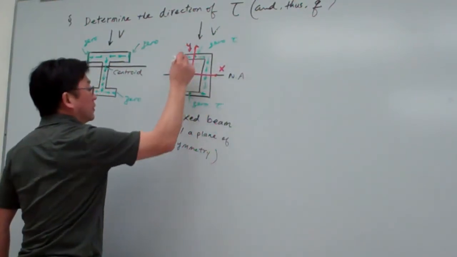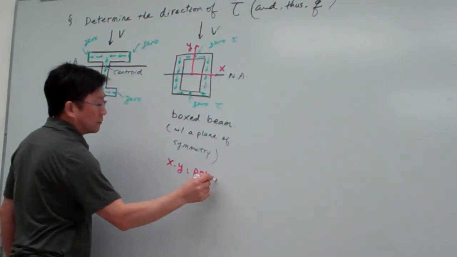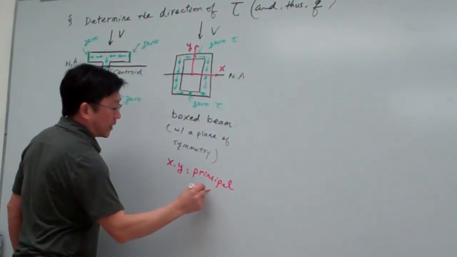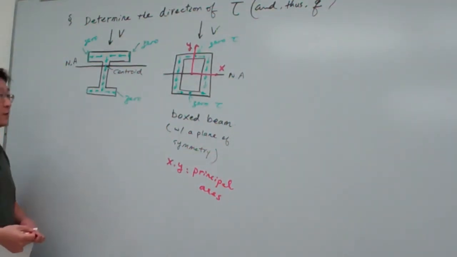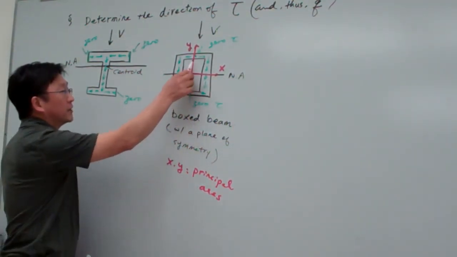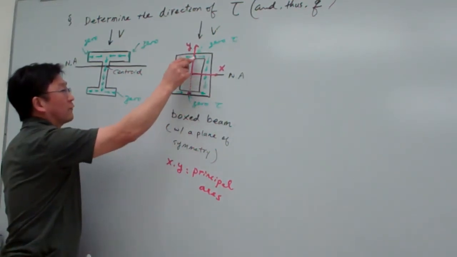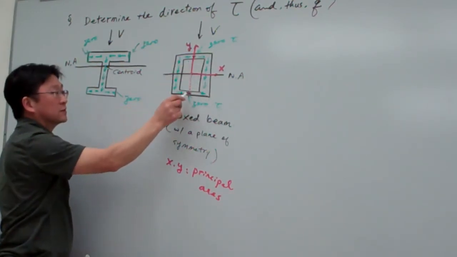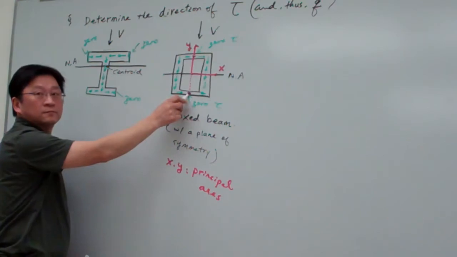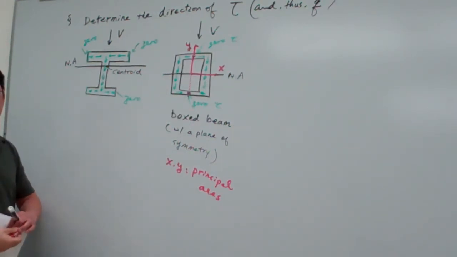X and Y are the principal axes of this given geometry. So from here you can see basically, if I extend it, the shear diverges from here, converges to here, going to 0. Starting from 0, it converges to 0 here. And here is the direct summary of today's lecture.